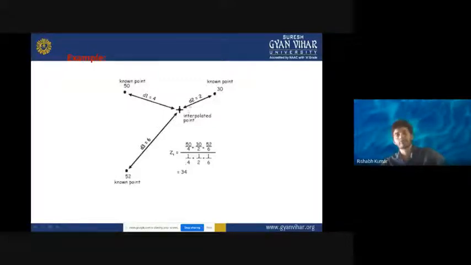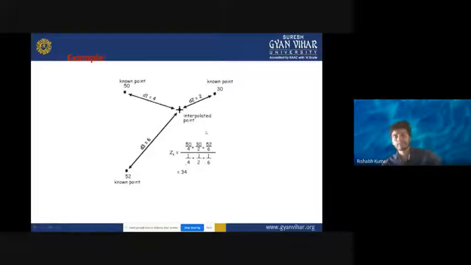So this point is going to be known as the prediction location, right? And these are the stations where the values of temperature are known. So these are going to be known as your measured locations or measured points, right? To find out the value at this point, we are adopting the inverse distance weighting method.